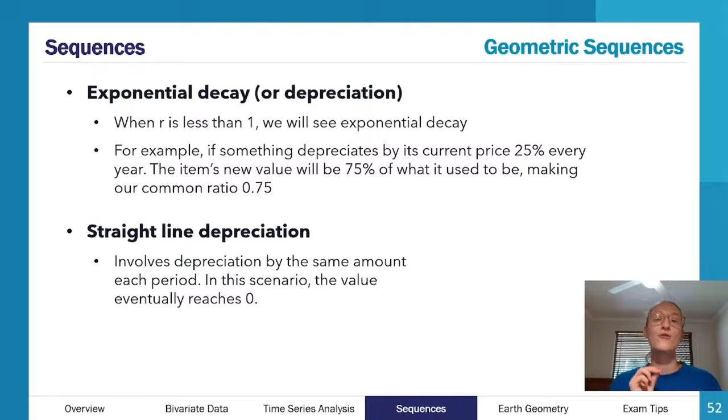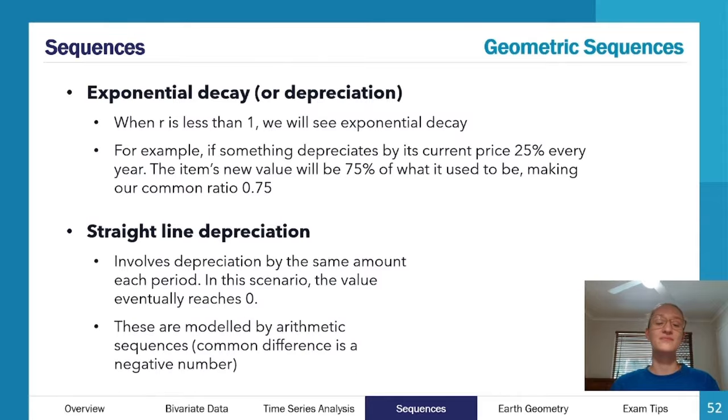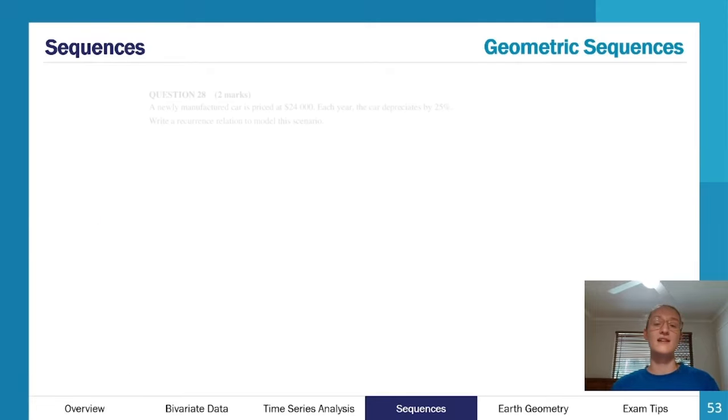So it might be like take 4 each period. Eventually, we're going to reach 0. Whereas in geometric sequences or exponential decay, we technically don't ever reach 0 because it's constantly being multiplied by 0.5. So it'll forever get smaller and smaller, but will never actually reach 0, which is interesting. And again, straight line depreciation is modeled by arithmetic sequences where the common difference is a negative number.